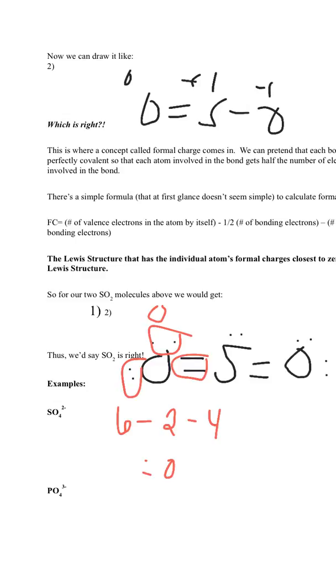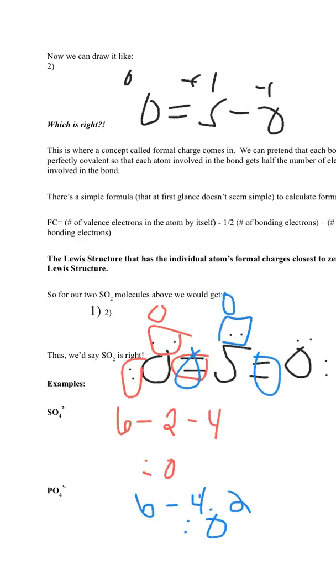The middle sulfur there, supposed to have 6 minus 4 bonding pairs and 2 lone pairs there. So it's also going to have a formal charge of 0. And then our last oxygen, 6 minus 2 bonding pairs minus 4 lone pairs. So another formal charge of 0.